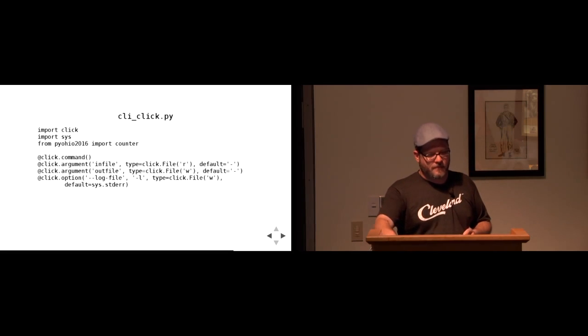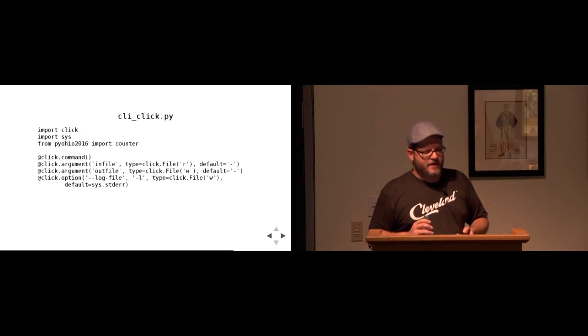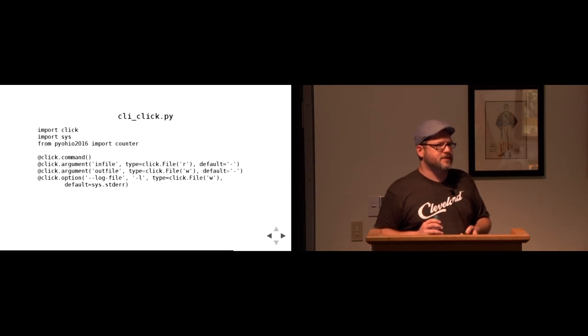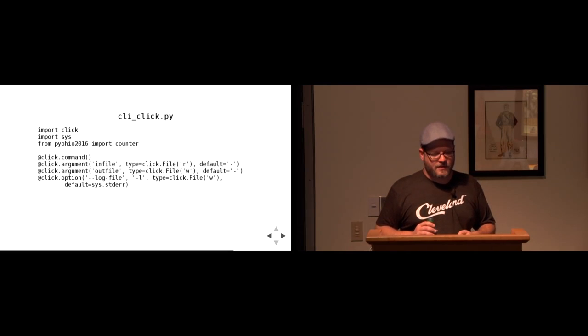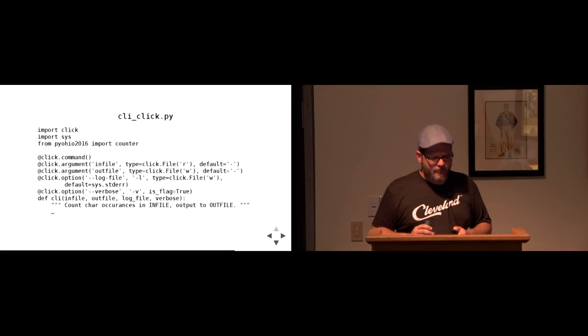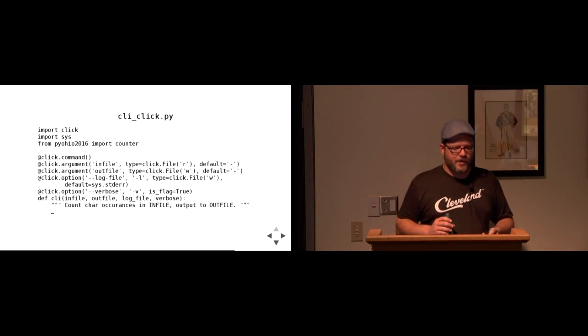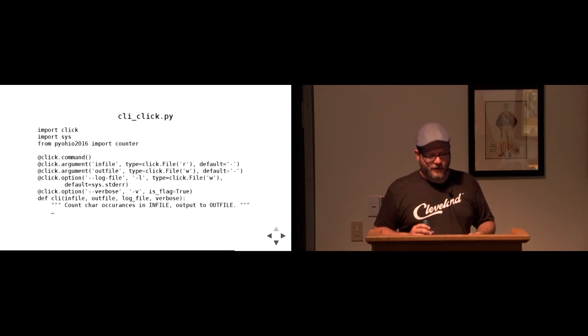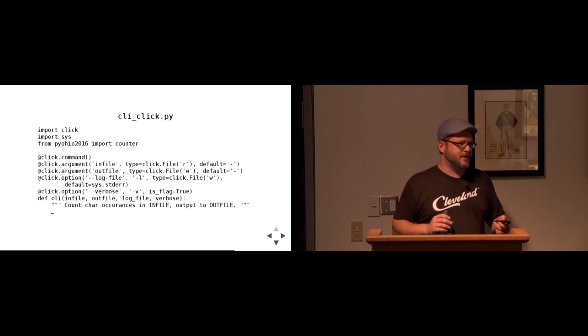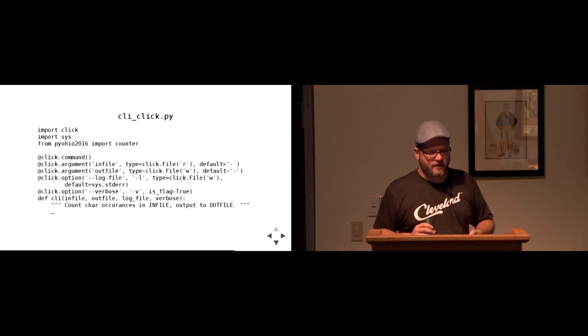Again, this file needs to be something that's writable, but we're going to have this default to standard error, so it'll print to standard error if we don't specify a file. Then we're going to add an option for verbose if we want more debugging output. And then we're going to define the function. We'll see the function cli gets passed all those values: the infile, outfile, logfile, and verbose.